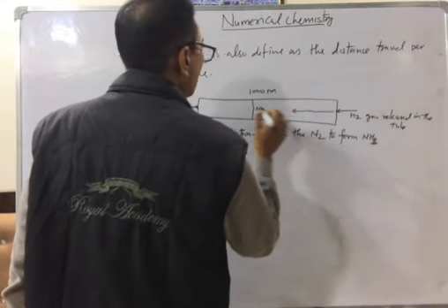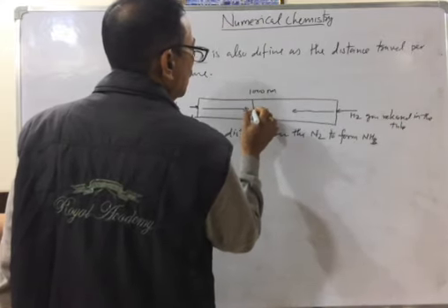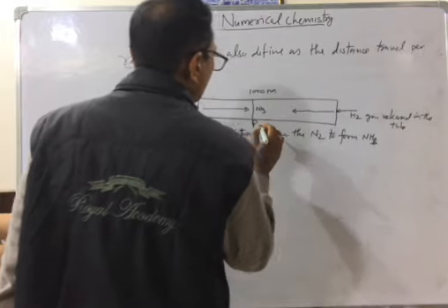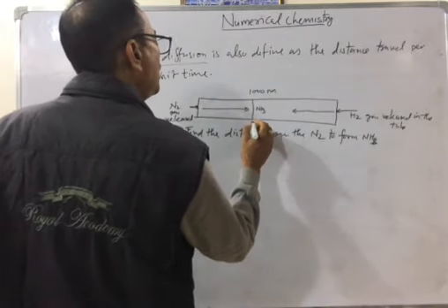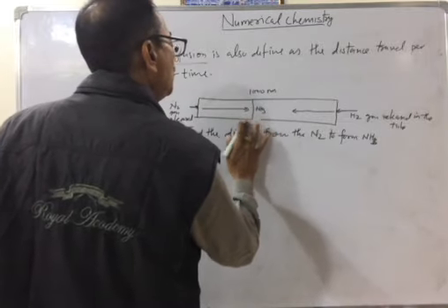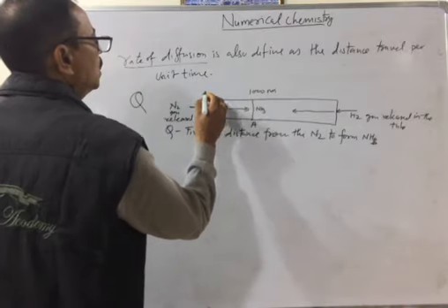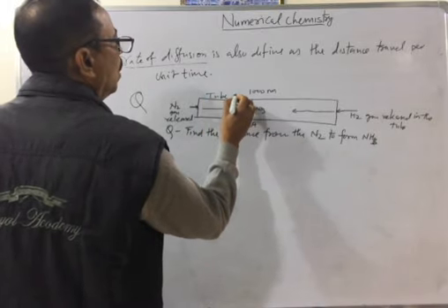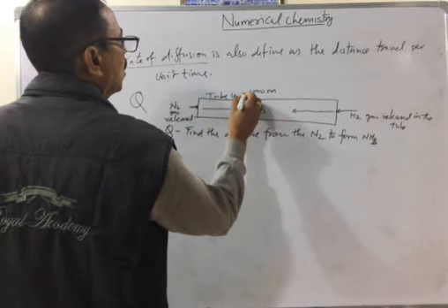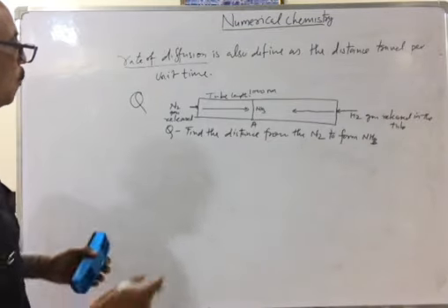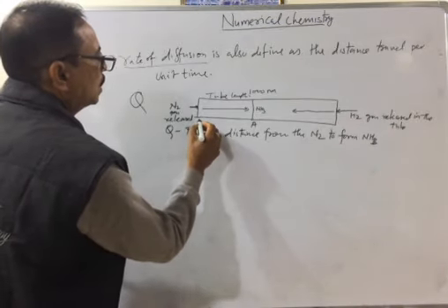They will meet at a point, suppose point A. And this is the tube of length 1 meter. So you have to find out this distance.